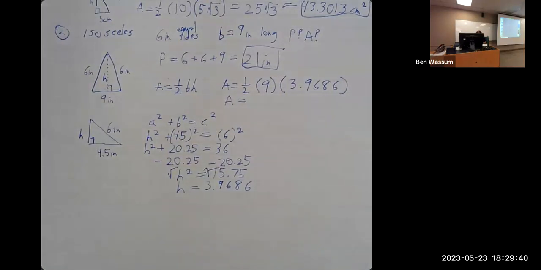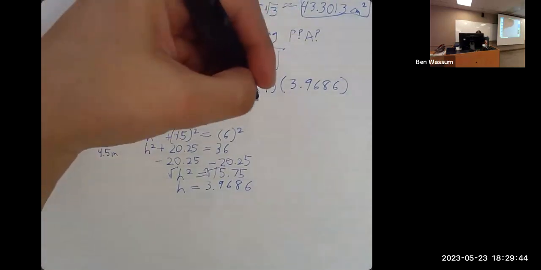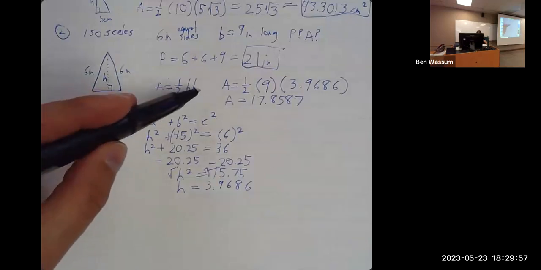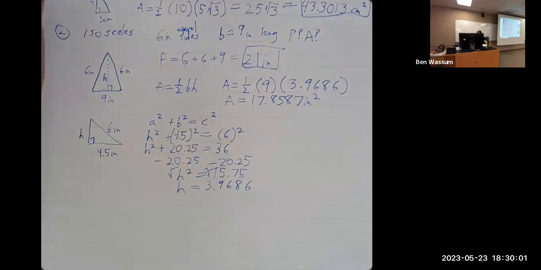Well, let's throw it at the calculator, see what we end up with. Looks like we end up with 17.8587. Then we need our units. Everything was in inches, so inches times inches would be inches squared.